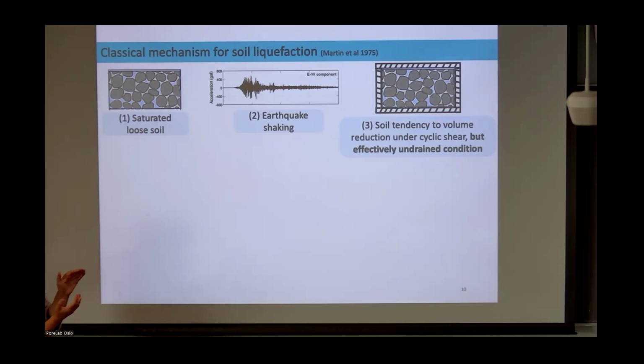But effectively, it has undrained conditions. That means that during the time scale of this earthquake, which is very short, 1 second, 2 seconds, 5 seconds, the fluid cannot escape efficiently from the pores. Therefore, it's trapped inside these pores and its pressure is increased. So this is the idea of the undrainage.